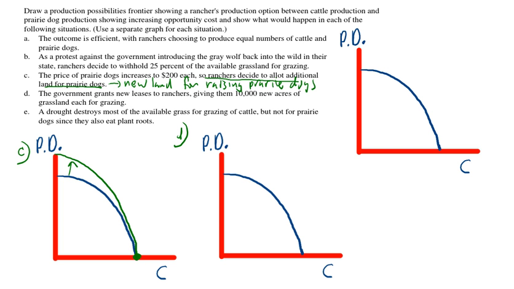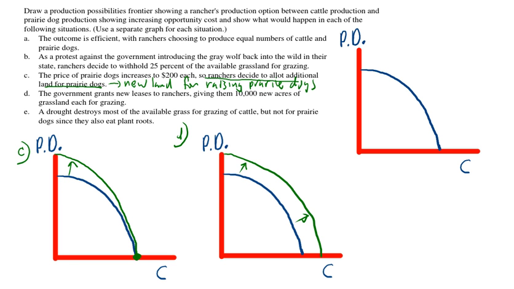Now they're going to have a higher number of prairie dogs they can produce and a higher number of cattle. Again, you always want to show which direction you went in. I could produce less of each. Now I can produce more of each. And that's how we sketch change in production possibilities.